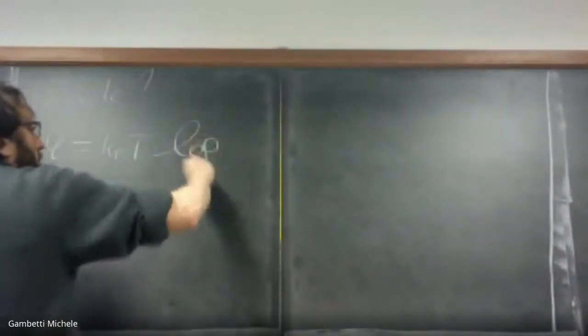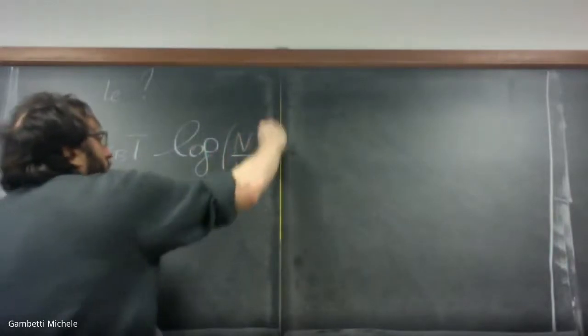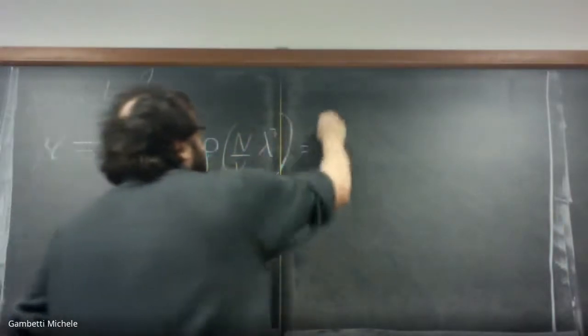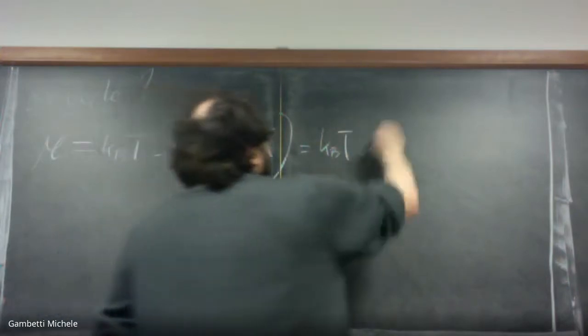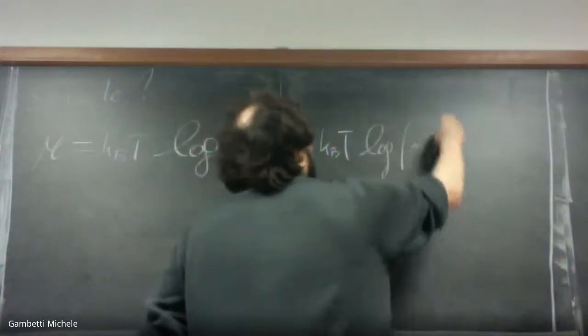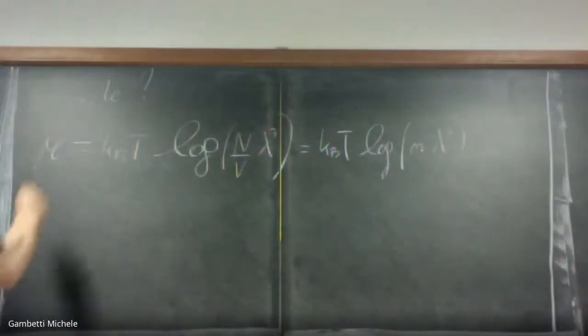So mu is equal to k_B T times the logarithm of the particle density times the thermal wavelength cubed, so mu = k_B T log(n λ^3), where n is the density.